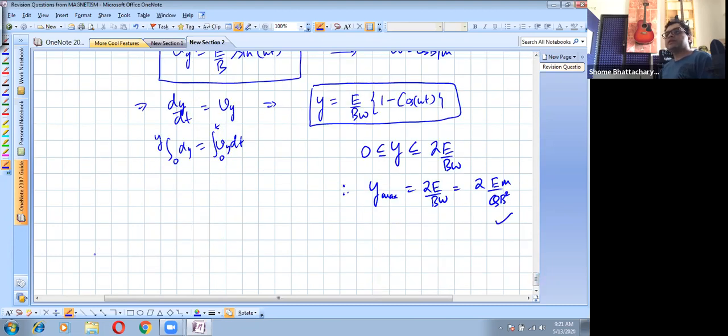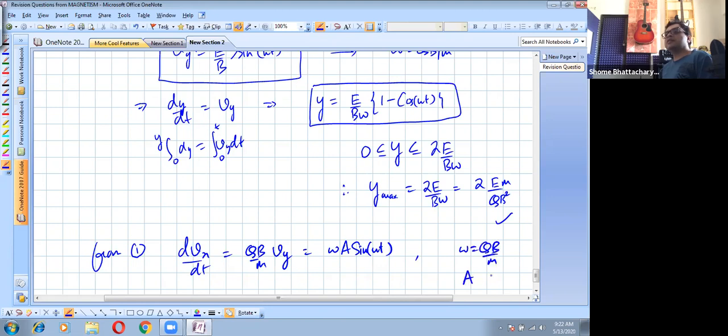Now let's come back to the x. Okay, so from equation 1, our dvx by dt was how much? It was QB by M Vy, or that's becoming here omega, that is QB by M, into E sin omega t, because we are substituting omega as QB by M and the velocity amplitude for the y component as E by B, like this.